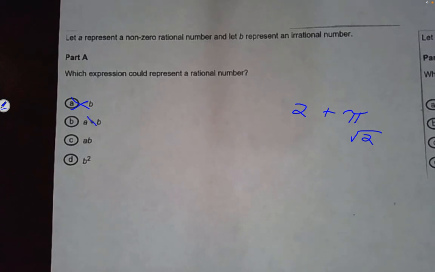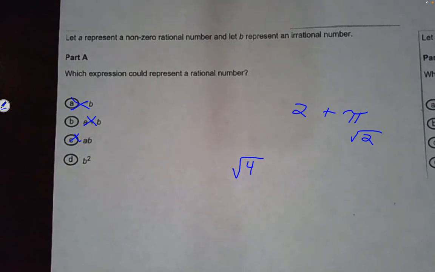So you can't add them. If you multiply them, like 2 times pi, it's still going to keep going on and on. But now, let's take a number and square it. What is the square root of 2? That's irrational. It goes on and on. What's the square root of 2 times the square root of 2? First of all, what's 2 times 2? 4. So the square root of 2 times the square root of 2 is the square root of 4. What is the square root of 4?